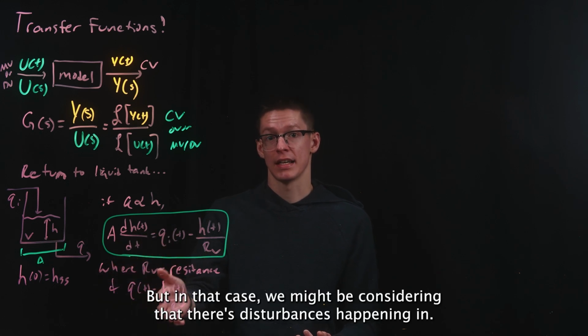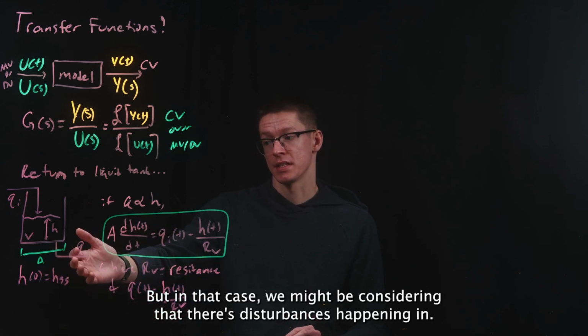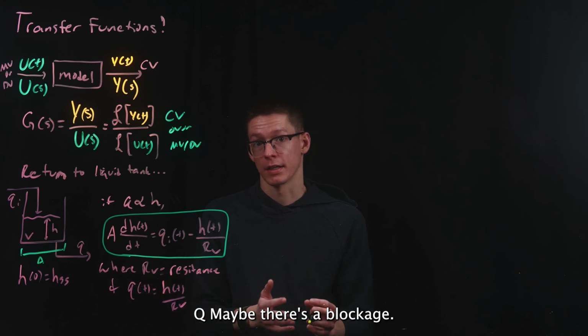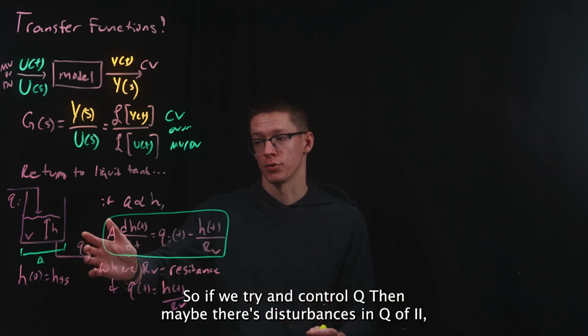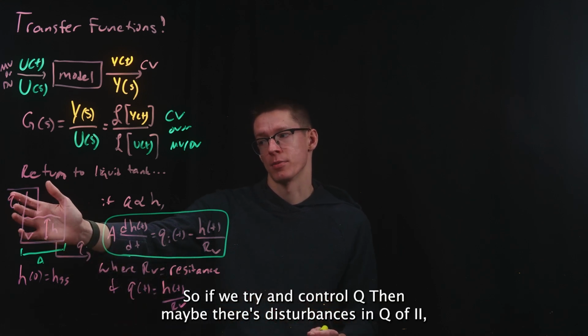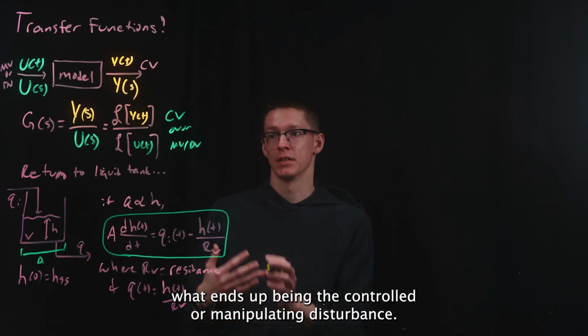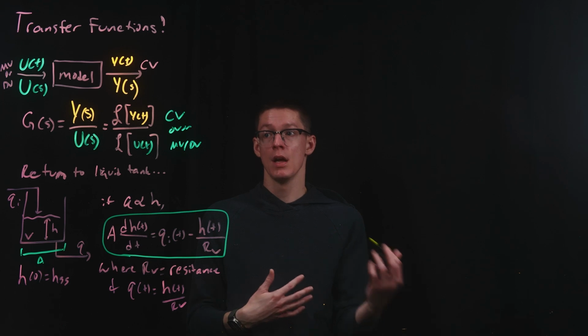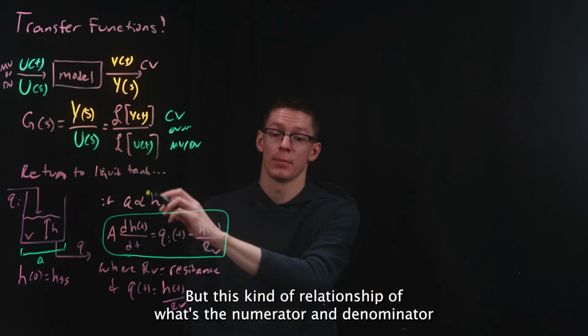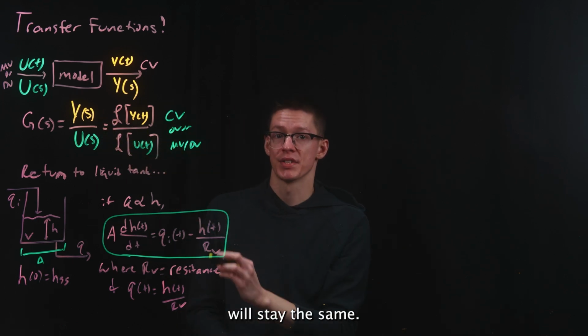But in that case, we might be considering that there's disturbances happening in Q. Maybe there's a blockage. So if we try and control Q, then maybe there's disturbances in Qi. And these relationships are important for considering what ends up being the controlled or manipulated disturbance, but this relationship of what's the numerator and the denominator will stay the same.